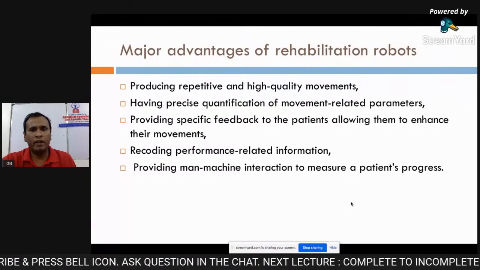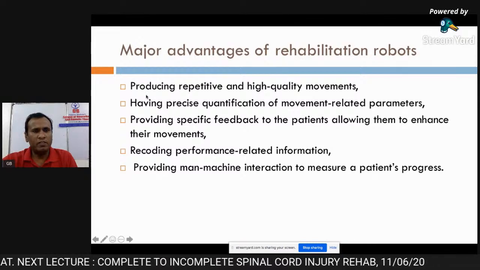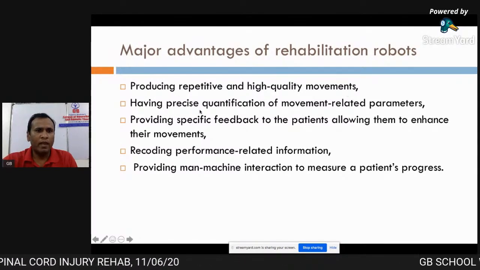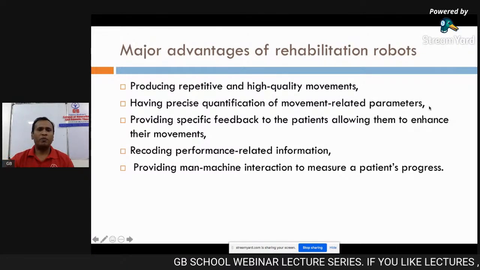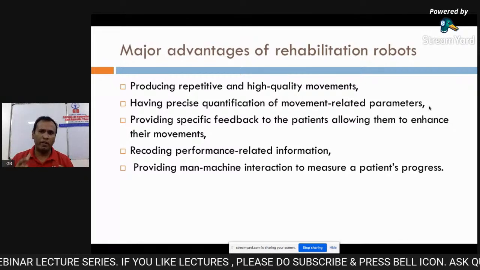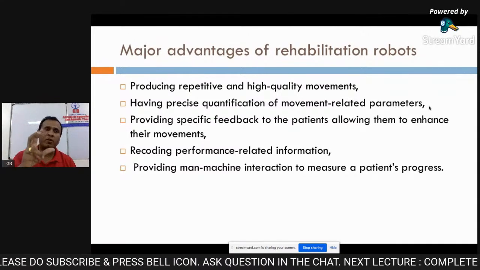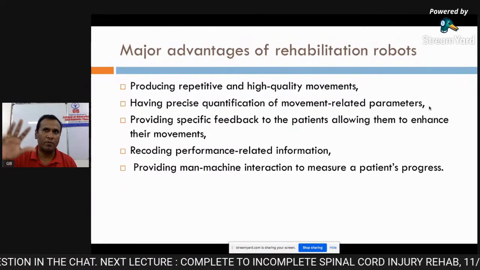So what are the major advantages of robotics? The best advantage is producing repetitive and high quality movement without getting tired, and having precise quantification of movement-related parameters. Once you have done that repetitive measure, you will always have quantitative movement-related parameters throughout the training: when you did better, when the performance deteriorated, when it increased or improved.